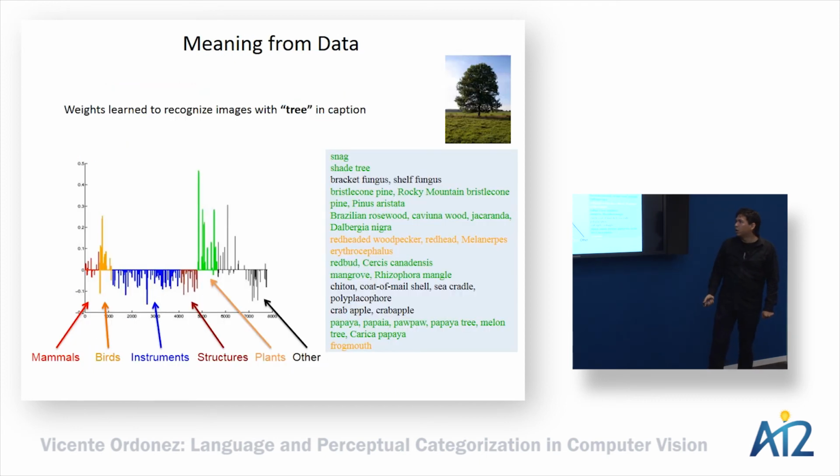For instance, categories like birds were very helpful to classify trees, and some types of even mammals, probably like monkeys. And if you have things like instruments, maybe that tells you that somebody will not mention the tree if there are some other occluders in the image. So this idea is not captured by propagating visual estimates along WordNet.